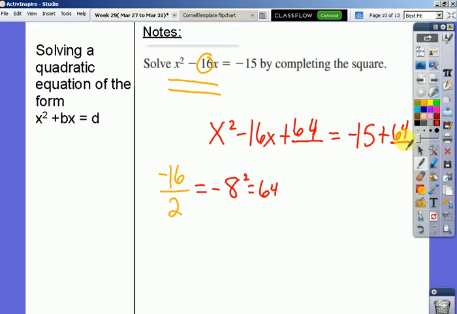So what does this factor to be? Well, this factors to be x minus 8 squared, right? So I'm just doing what I did in the bell work. I get that last term, and then I factor it to x minus 8 quantity squared, yeah? Are we good? Okay, what's 64 plus negative 15? 39, right.